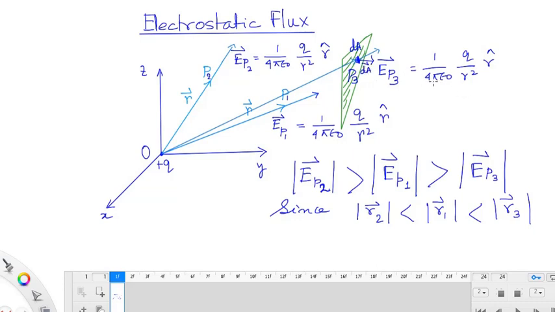Why is this the dA vector? Because the area vector is perpendicular to the area. If you traverse the area in an anti-clockwise fashion, your thumb will point in the direction of the area vector, and this angle is the angle between the electric field and the area vector. Let me draw another area, then it will make you understand a little better.